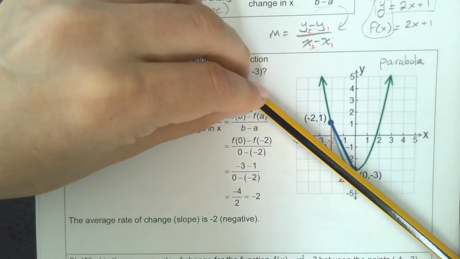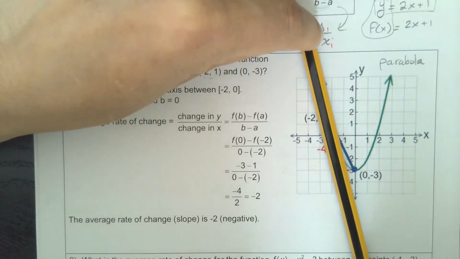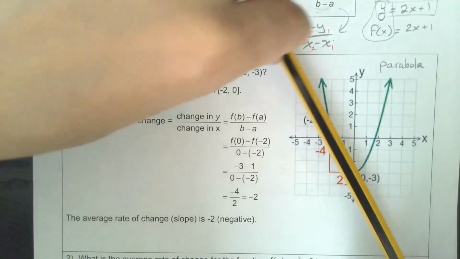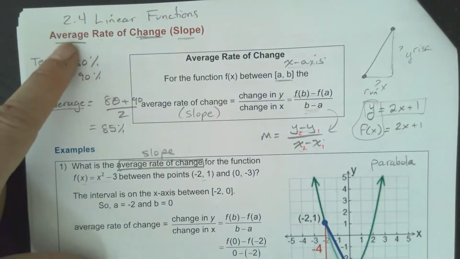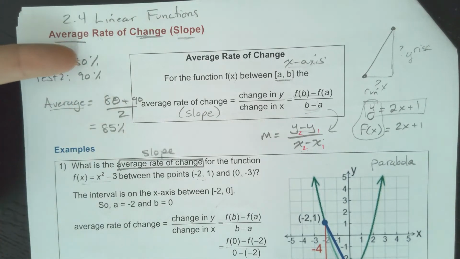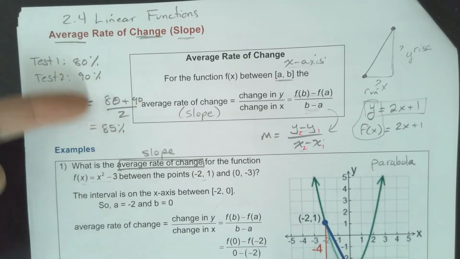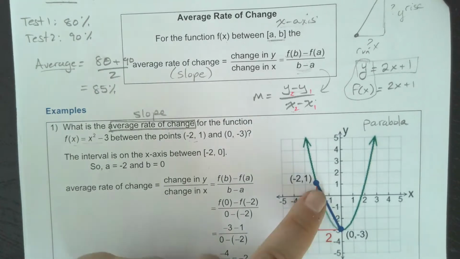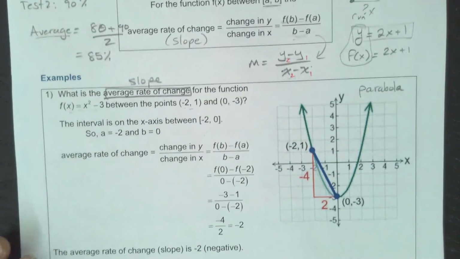Here the slope looks like this, but then when you go up, the slope starts getting more steep. Well, there's a different slope here and there's a different slope here. So what I want is my average slope. Same like here I did test 1 and test 2, add them together and divide by 2. I'm going to find an average slope because the slope is different here and different here. Okay, so we're going to find the average slope.